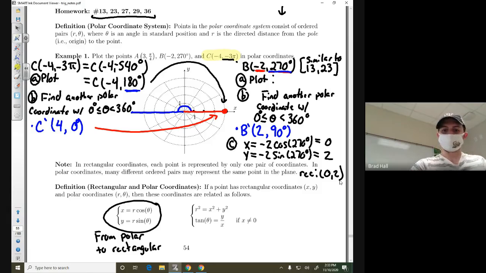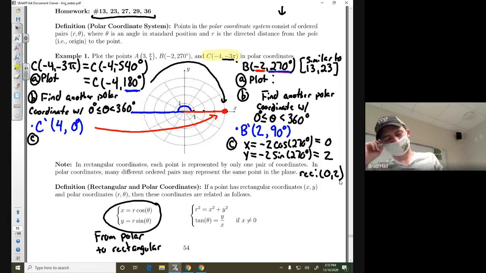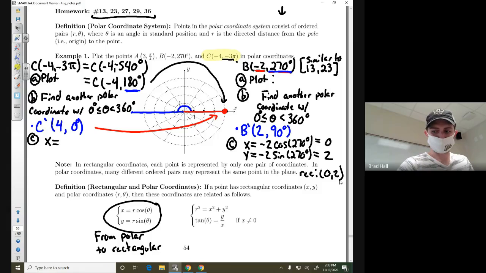So that would answer part B. So let's test your speculation from earlier. Does this translate to 4, 0 in rectangular coordinates? So if we use those formulas, so we're using these formulas.